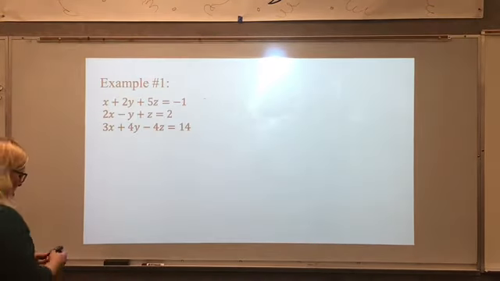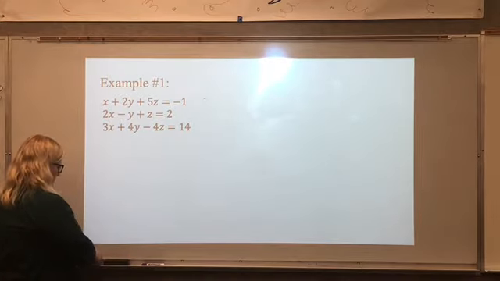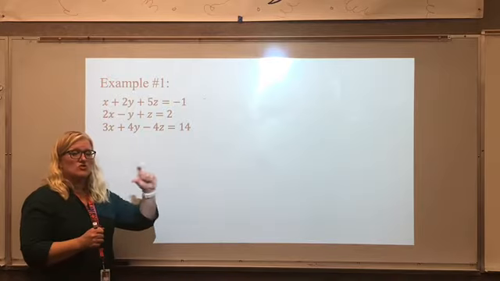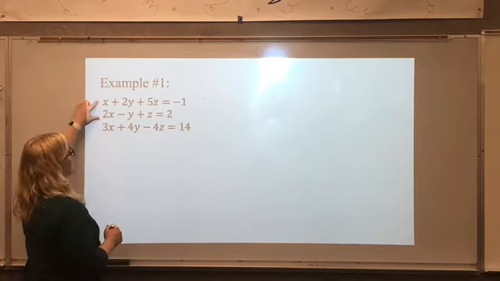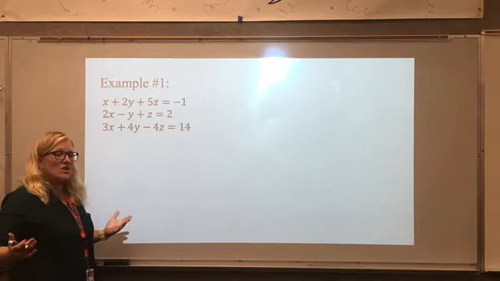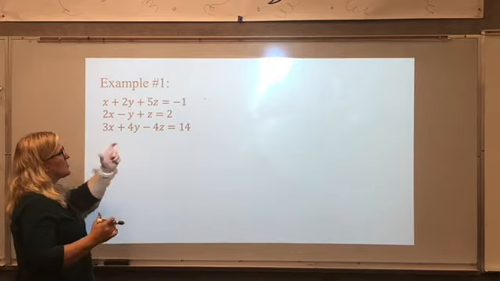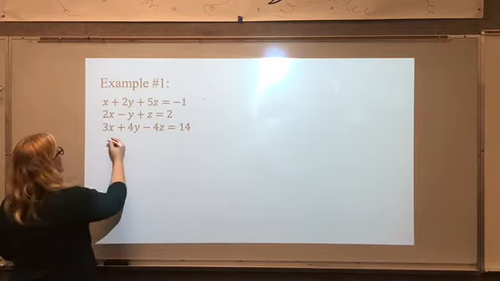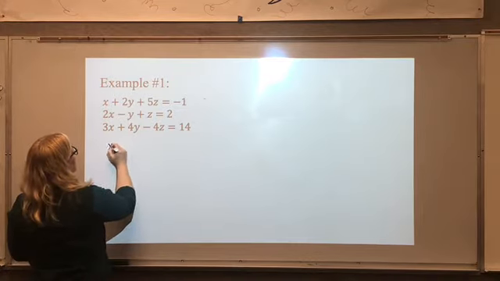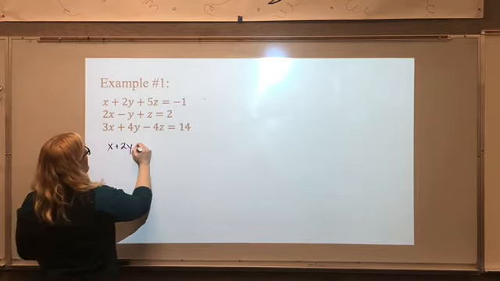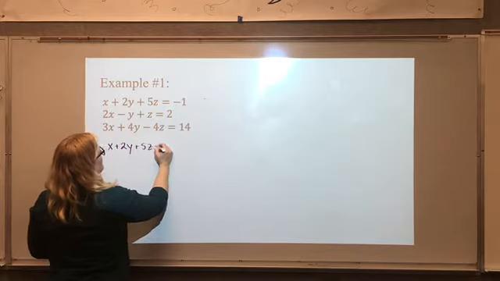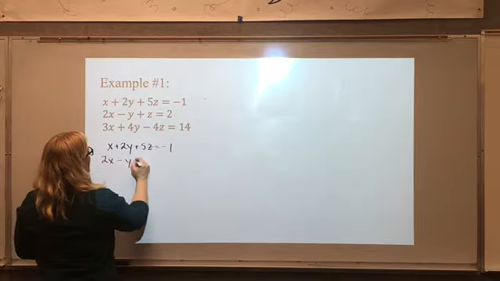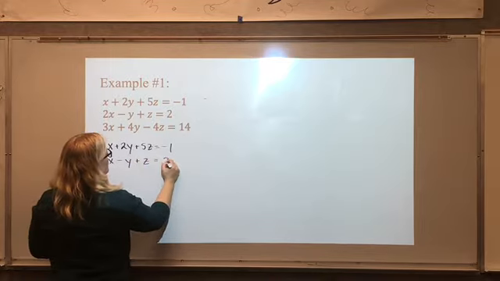Okay, so let's start off with this example. Remember that step 1 is when I choose 2 equations. So I think I'll just choose the top 2. It doesn't matter, although sometimes they're easier than others. So I've got x plus 2y plus 5z equals -1, and 2x minus y plus z equals 2.